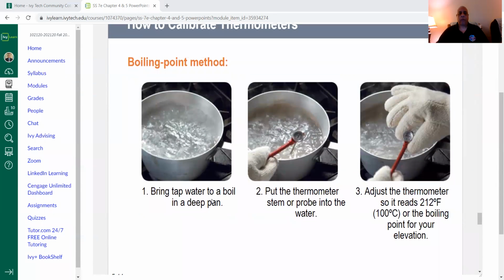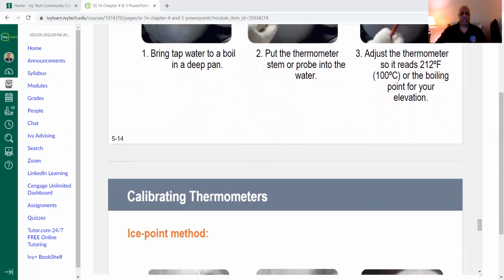For the boiling point method, you bring tap water to a boil in a deep pan, and you put the thermometer stem or probe into the water. Then you adjust the thermometer so it reads 212 degrees Fahrenheit or 100 degrees Celsius, or the boiling point of your elevation. Now, 212 degrees Fahrenheit is the temperature at which water will boil.